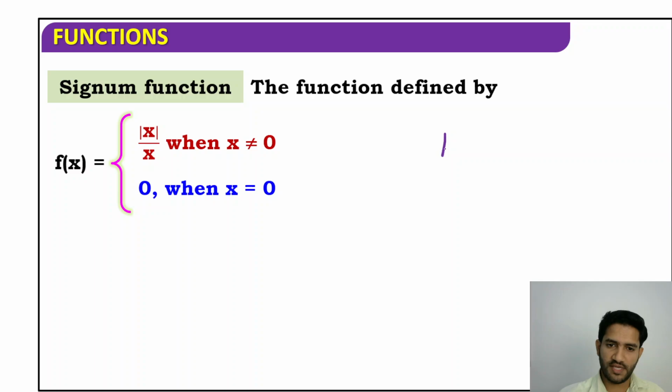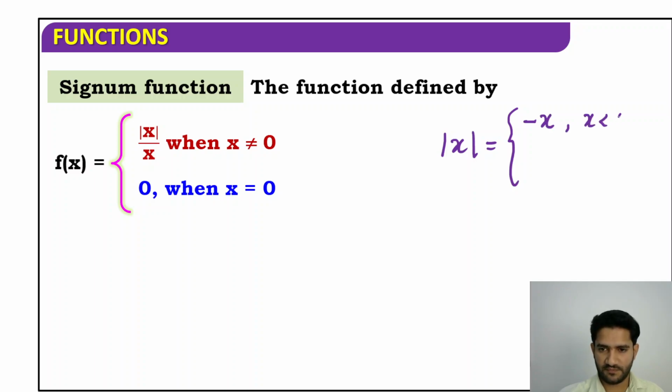And again look at here, if you want we can define mod x again. That means we know that mod x equal to minus x if x is negative. If x is positive we write x itself, if x is positive or equal to 0. So in the signum function we have mod x by x.